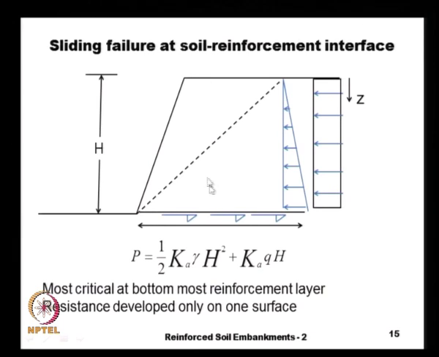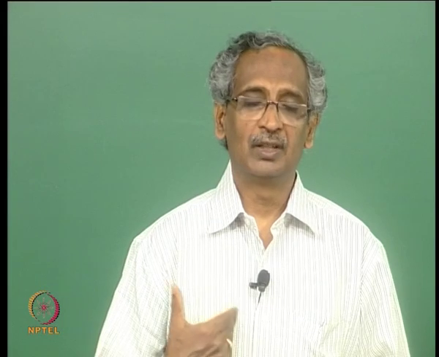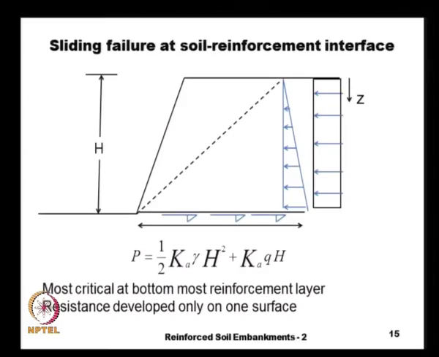And the thing is, this failure may happen at any depth, because wherever we have a reinforcement that may be the weakest plane, because the friction angle that is mobilized between the soil and the reinforcement is usually slightly less than phi, and we need to theoretically do the check at each and every reinforcement layer, but then the most critical one is at the bottom, because the lateral force is the maximum at the base.